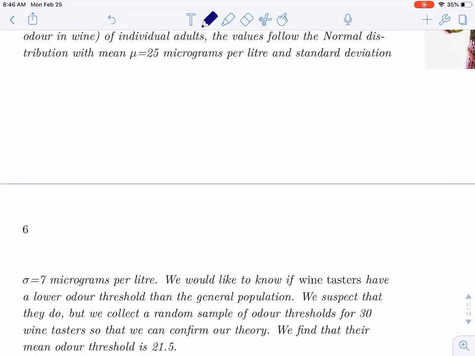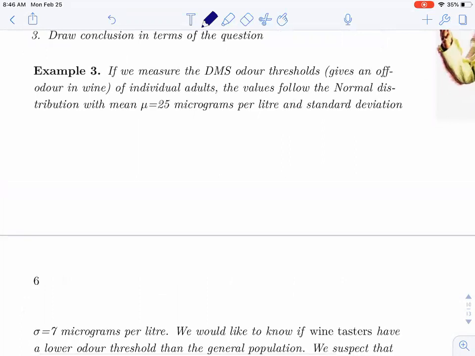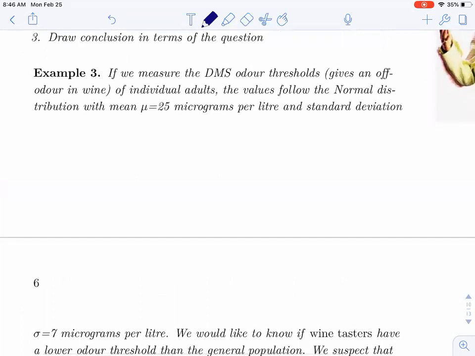Okay. And so here, you can see why this would be important. So you're producing wine, there's always going to be this kind of DMS in your wine. But you want to have it so that it's not detectable by our noses. Trained noses might be able to detect it.